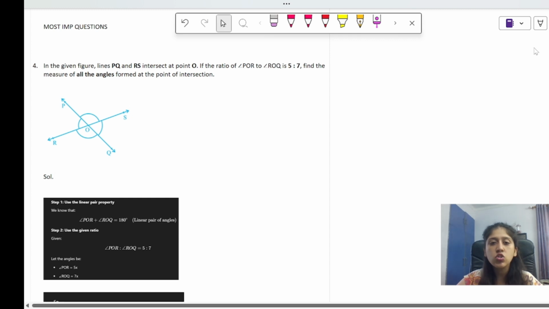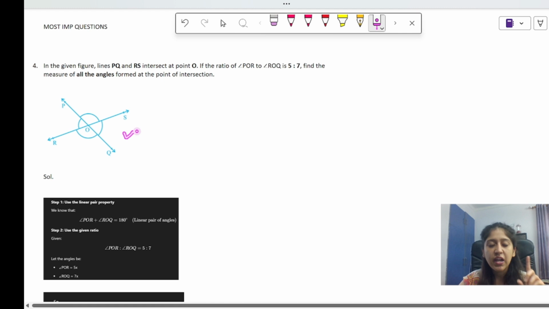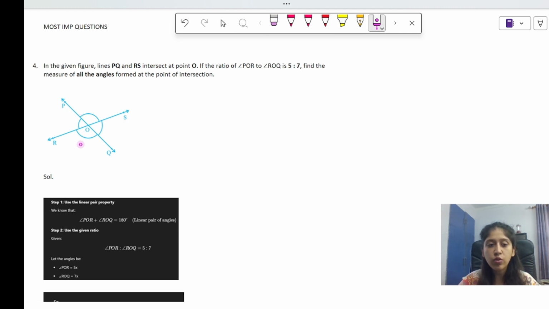Okay, so the first question is, now let me first make you revise, okay, ki what was vertically opposite, what was intersecting lines. So for this diagram, let's just see PQ intersects RS. If you can see, I told you if the two lines cut each other at a point which is O, these are intersecting lines. First thing to actually notice in this diagram is that the two lines are intersecting.